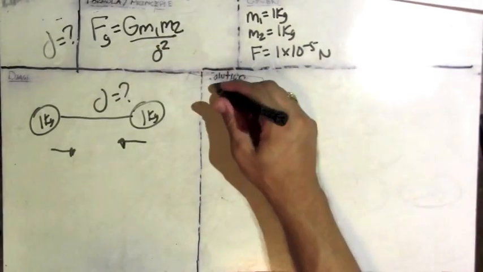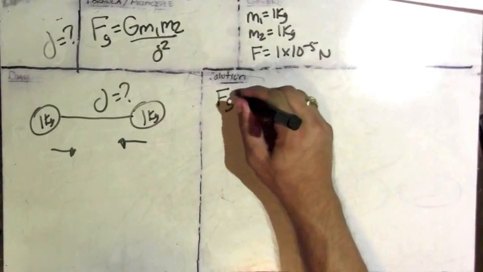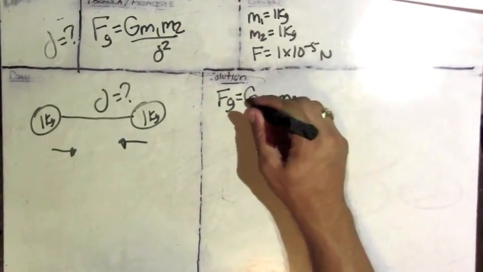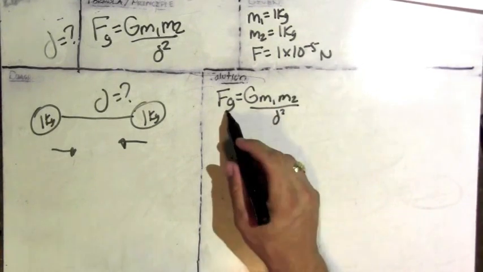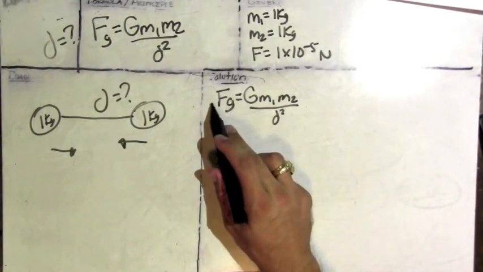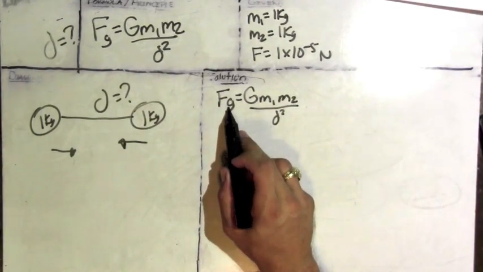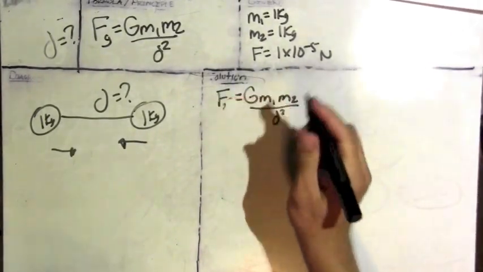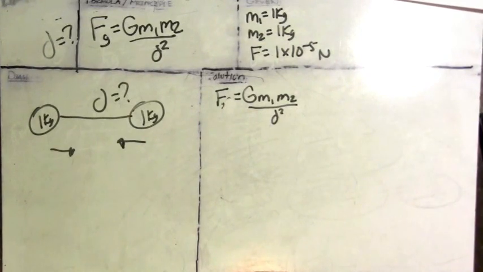So we can say Fg is equal to capital G, M1, M2 over D squared. Remember, this little g subscript is just defining this as the gravitational force. It's not 9.8 there. It should be a little smaller, like that, Fg.